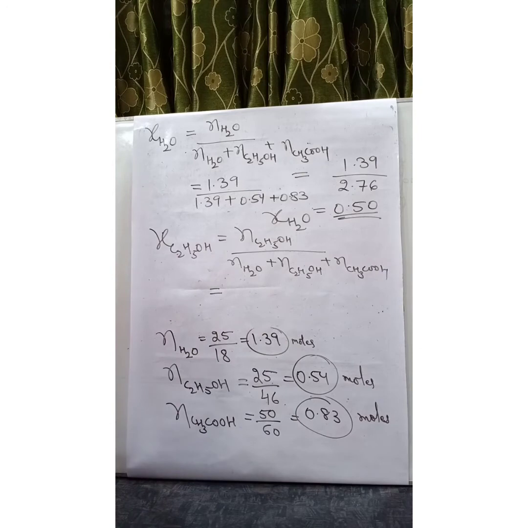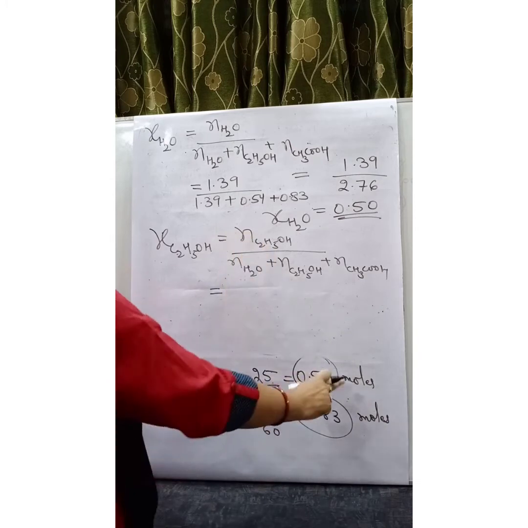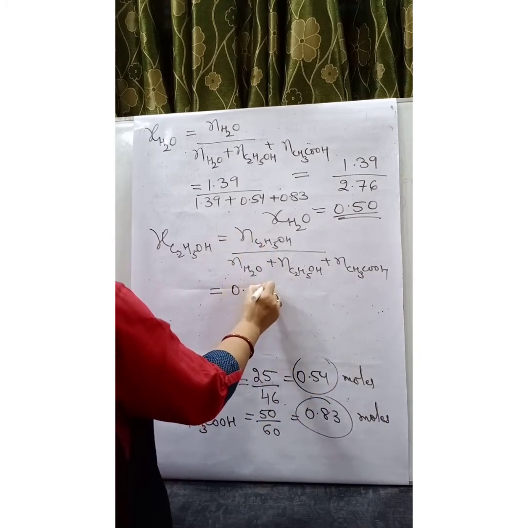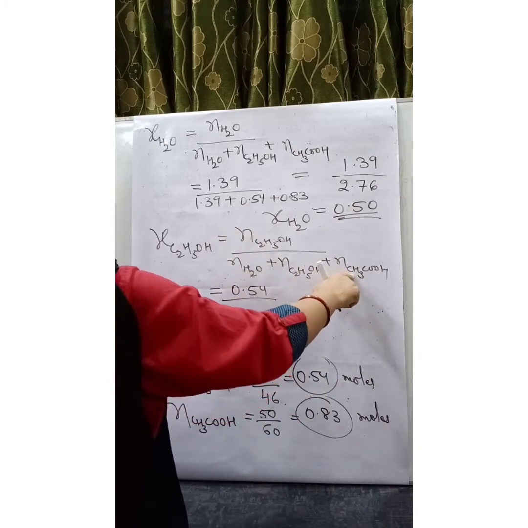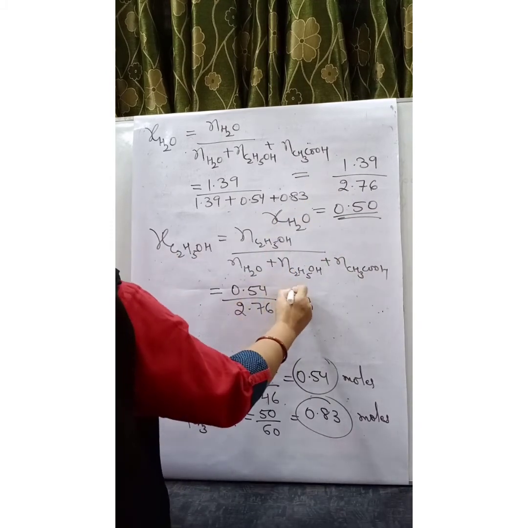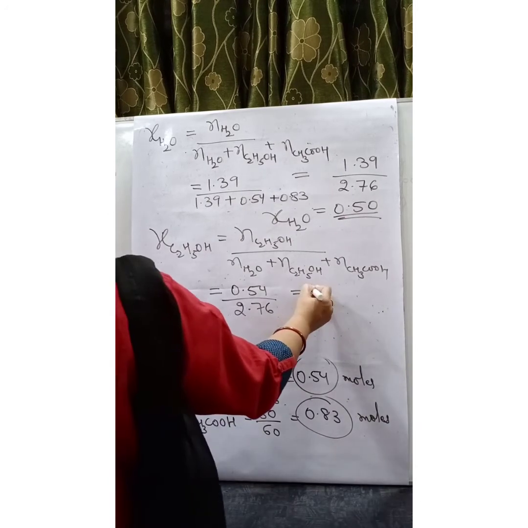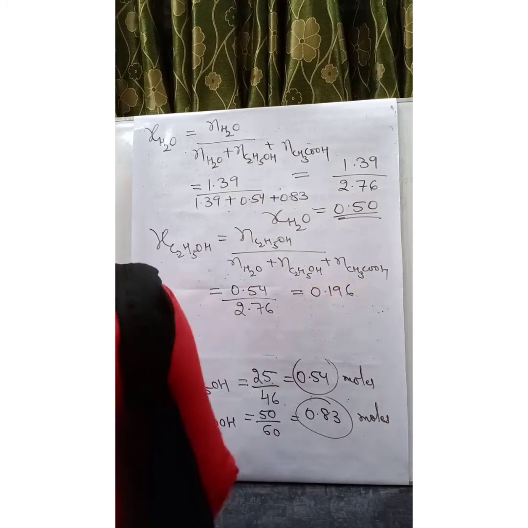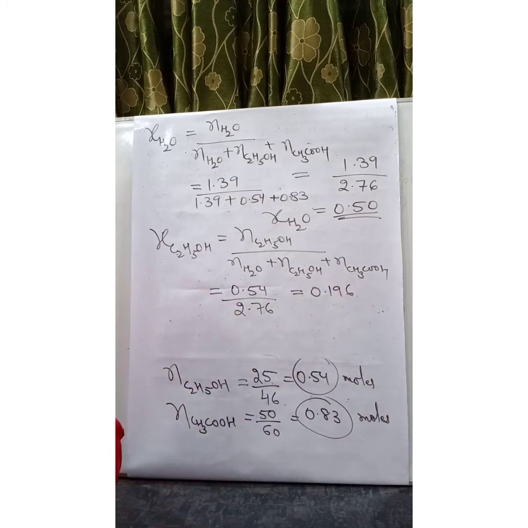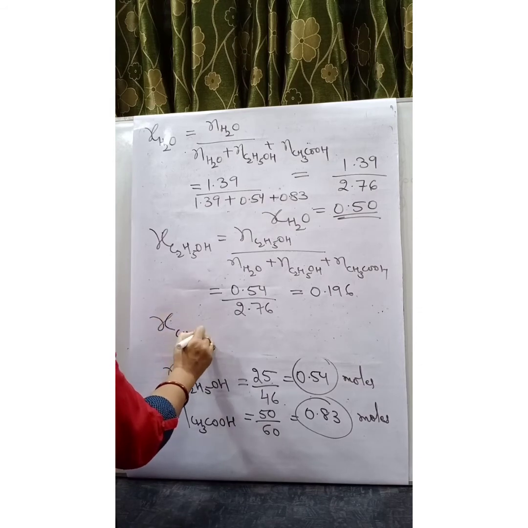So when you calculate this, you get number of moles of ethanol is 0.54 and the total number of moles is 2.76. Moles will get cancelled. That is why mole fraction has no units. So when you calculate it, you get 0.196.